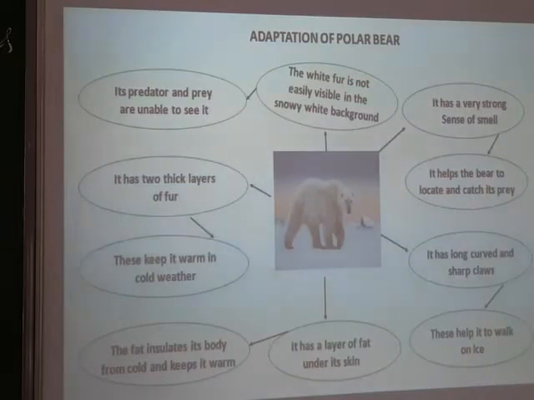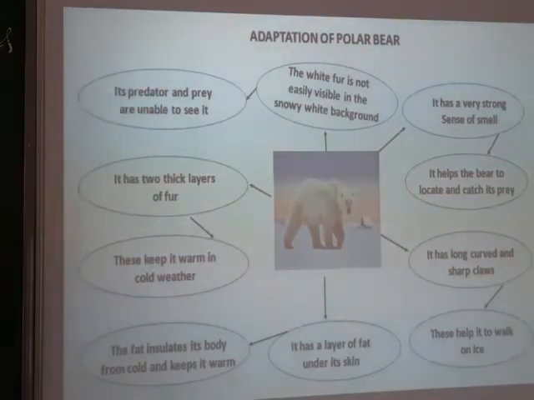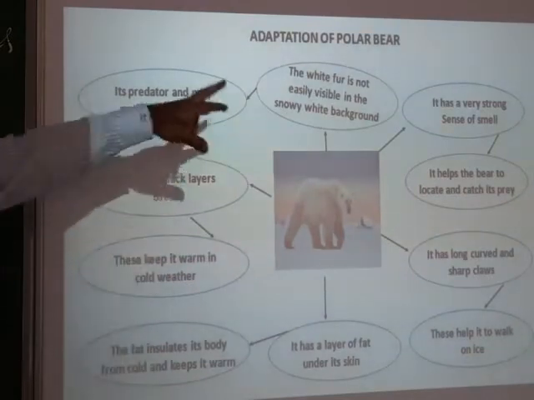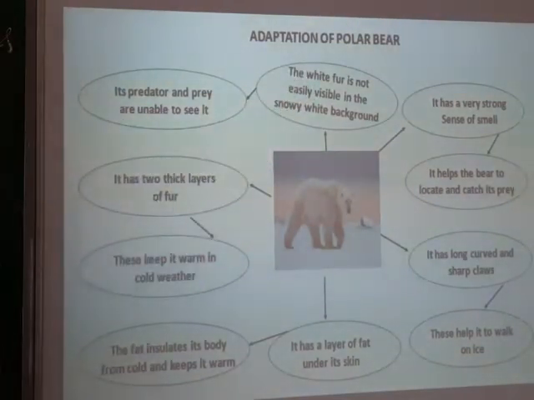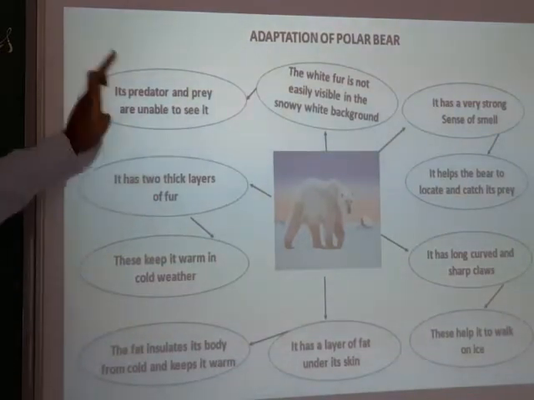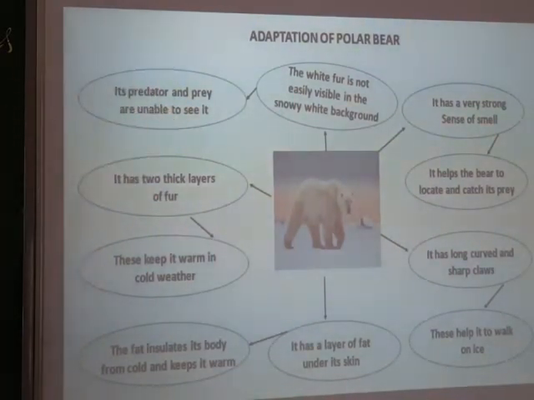We learned in the previous class about camouflage. Camouflage means blending with the surroundings to protect from enemies or to catch prey. So the first point is, it has white fur not easily visible in the snowy background, so it escapes from predators and catches prey easily.